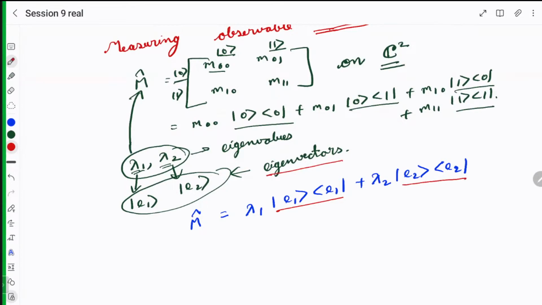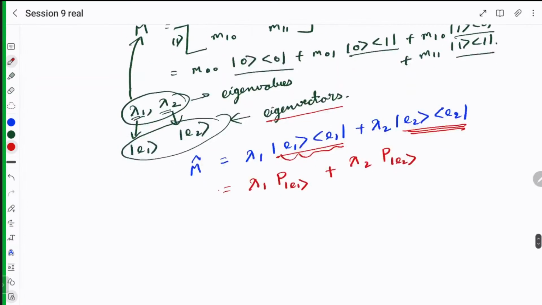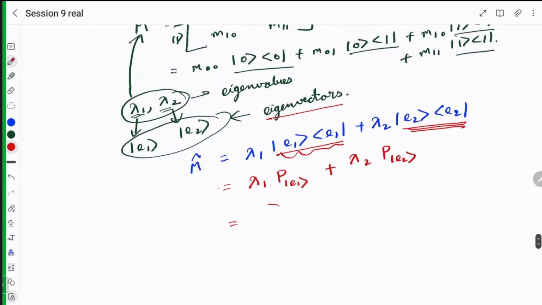Of course, ket E1 outer product is the projection operator corresponding to E1, and ket E2 outer product is the projection operator corresponding to E2. I can also write it again in matrix form, which is lambda 1, lambda 2 on the diagonal, where the matrix is now expressed in some other basis, E1, E2.